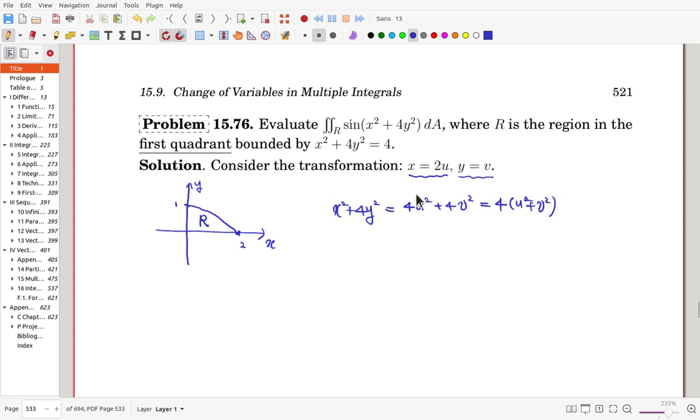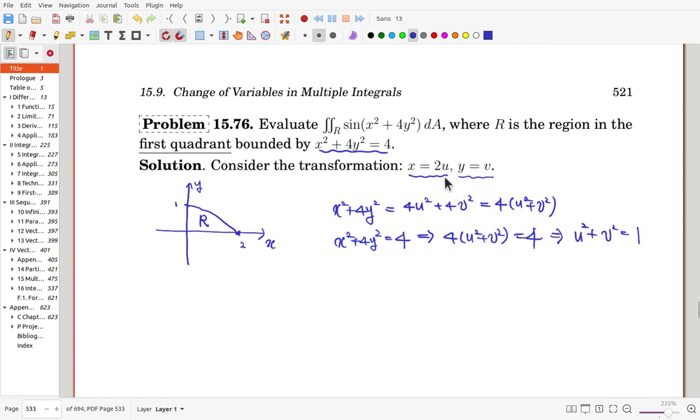Okay, using this transformation, the boundary x squared plus 4y squared equals 4 is the same as 4u squared plus 4v squared equals 4, which means that in the uv domain, u squared plus v squared equals 1.